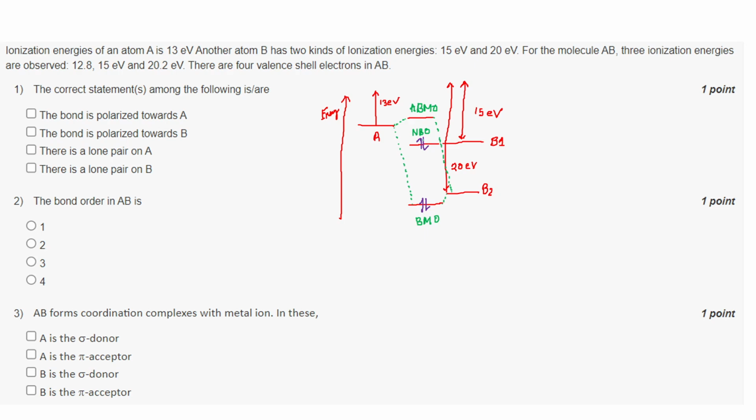It is actually a lone pair on B. So we have now drawn the system and the molecular orbital picture nicely. Now we will be able to answer the three questions that are being given.